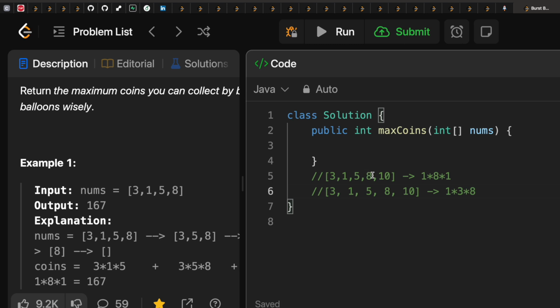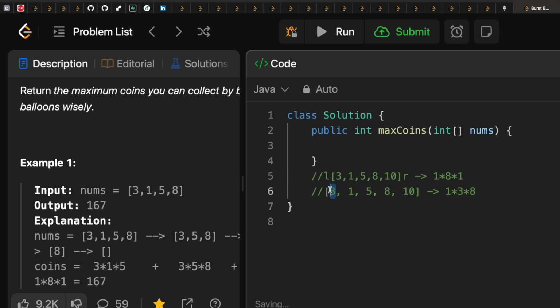Here, for this particular example, we have our right part as this and left part as this, which is out of bound.